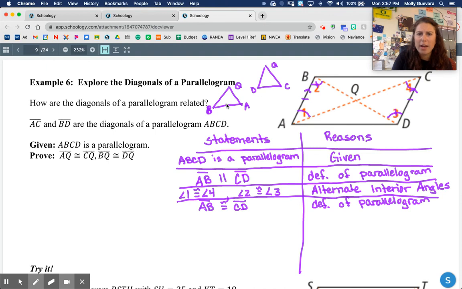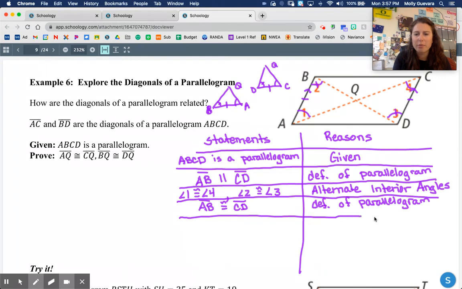Okay, so I know that BA and DC are the same. I know that B and D are the same. And I know that A and C are the same. So just looking at these two triangles separately, would I be able to say that these two triangles are the same? And hopefully we realize that yes, we can.